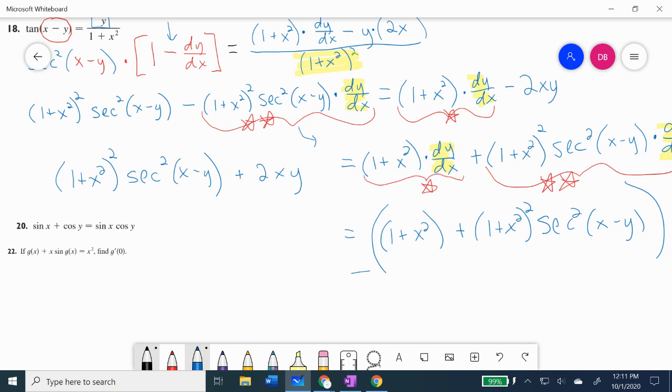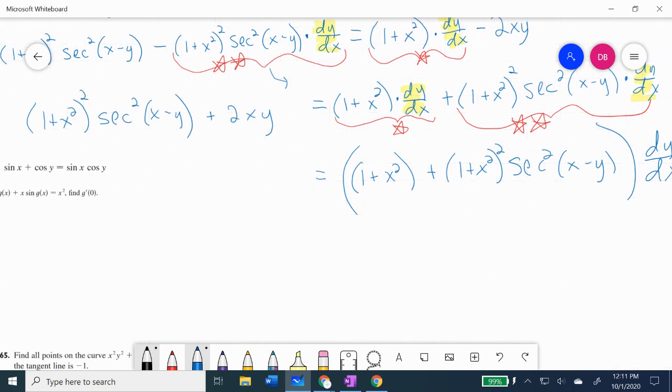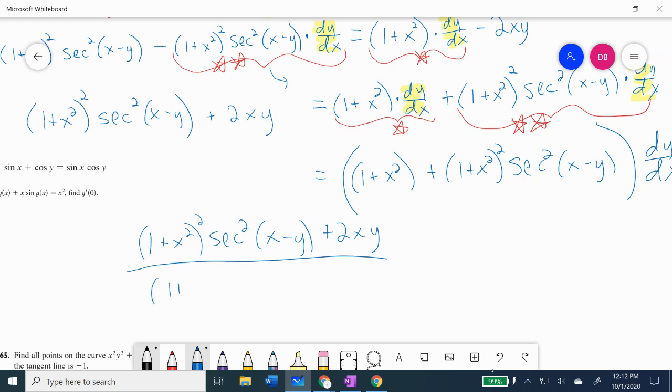So now I have that left side: 1 plus x squared quantity squared times the secant squared of x minus y plus 2xy. And then I divide by this mess, which is 1 plus x squared plus 1 plus x squared squared times the secant squared of x minus y, and that is equal to dy dx.